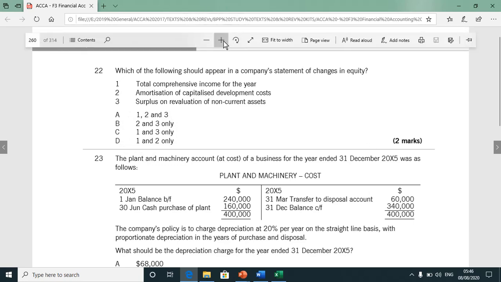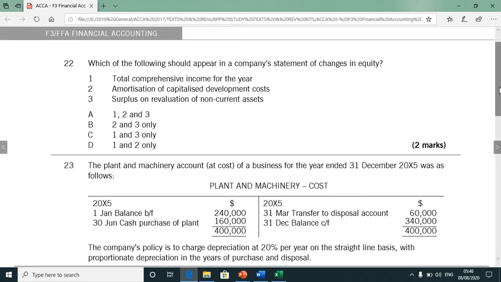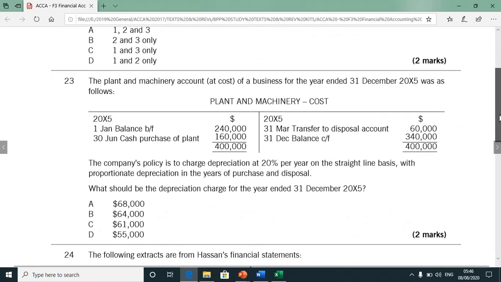Okay, next question, question 23. It says the plant and machinery account at cost of a business for the year ended was given as follows. We have the opening balance brought forward 240, addition 160 on 30th June. On the other side, we have 31st March transfer to disposal account of 60, and 31st December, a closing balance of 340.